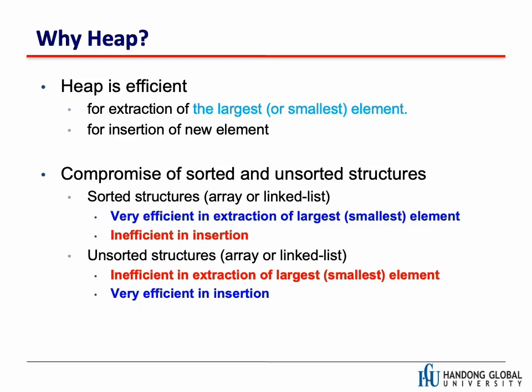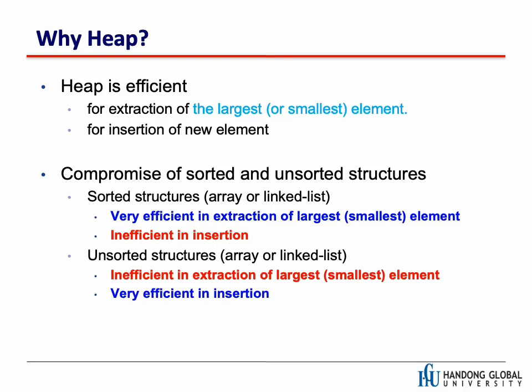And how about unsorted structures? We have an array or a linked list. If we want to find the largest element, then it's not that simple. We have to compare all of them. This is not sorted, so we have to check all the elements to find out the largest element. So it's not efficient compared to the sorted structure.